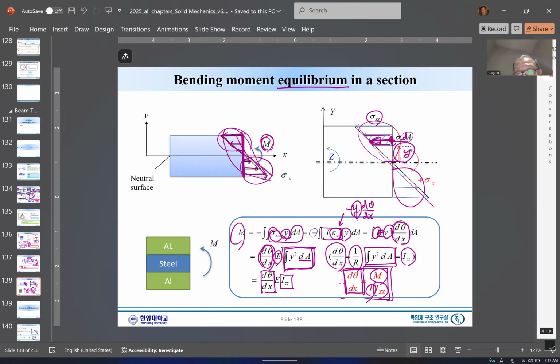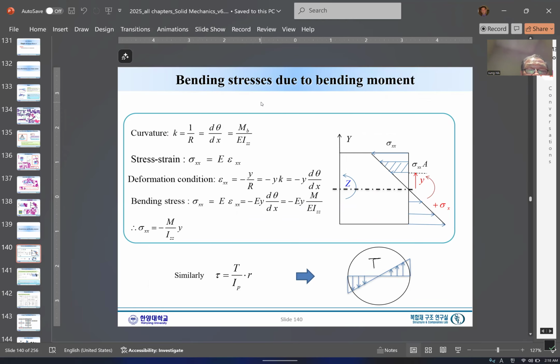So this is the equation we obtain from equilibrium. Equilibrium again, the sigma x will give us the y, I mean the moment. So the final equation, this is exactly the same one, but here it is the one we just obtained, given in terms of a moment.